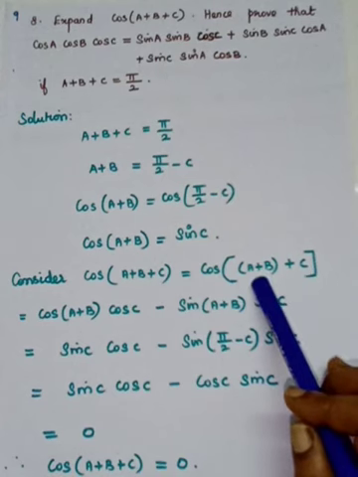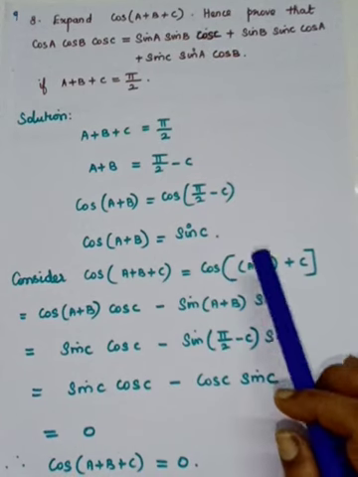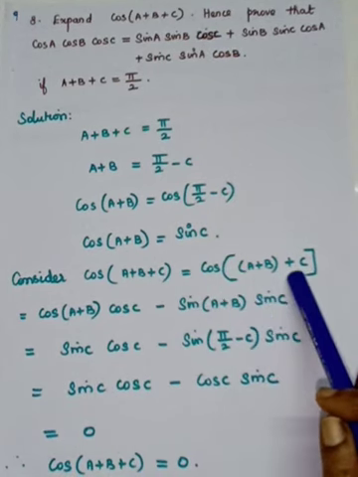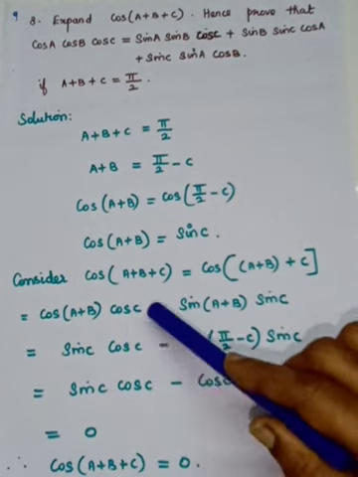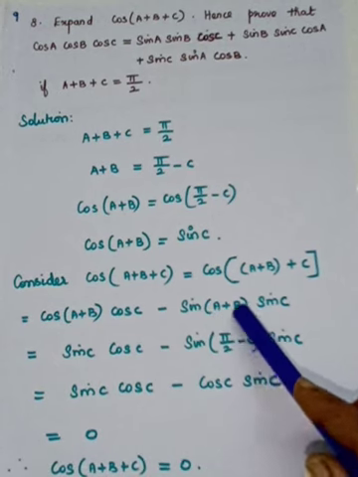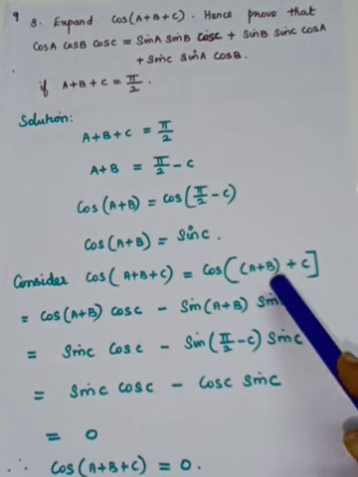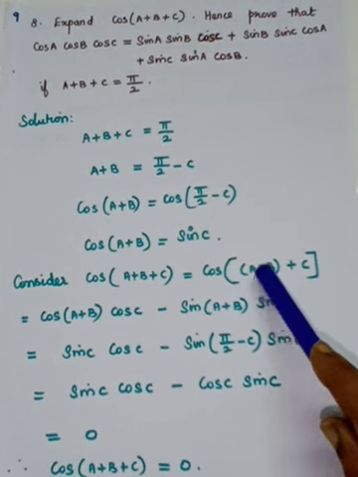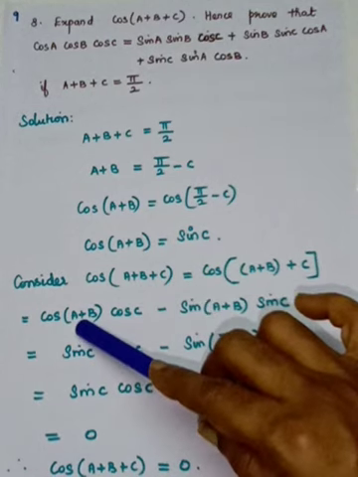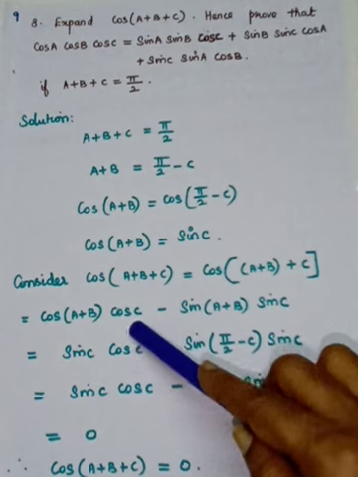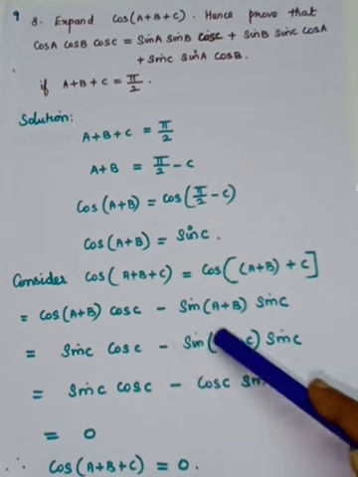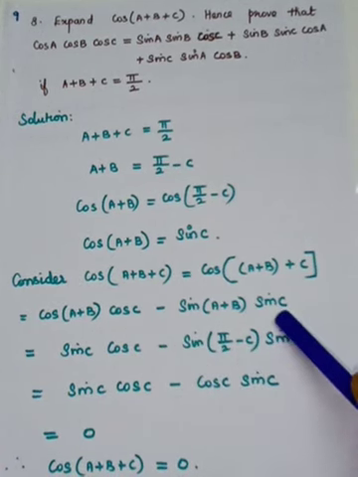So what is your alpha now? A plus B. But cos of alpha plus beta, what is the formula? Cos alpha cos beta minus sin alpha sin beta. So in the place of alpha you have to substitute A plus B. In the place of beta, C has to be substituted. Minus sin of A plus B into sin C.